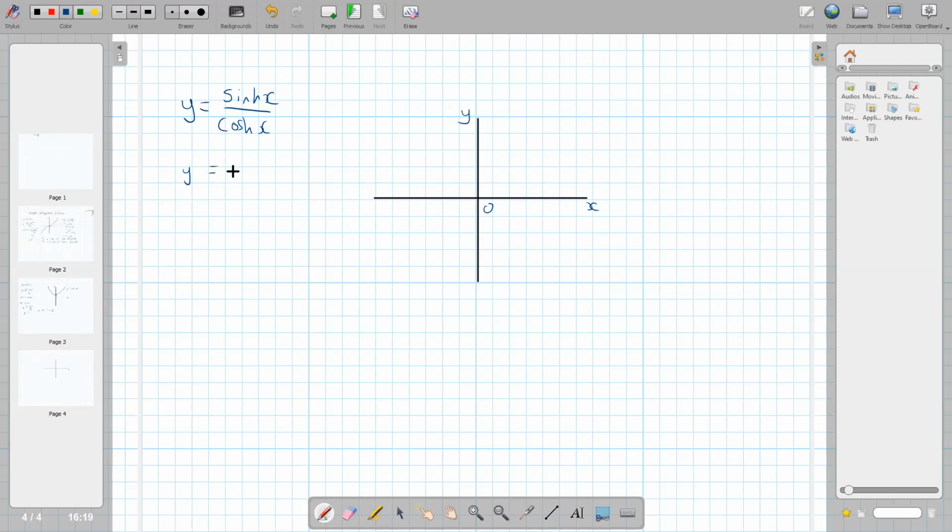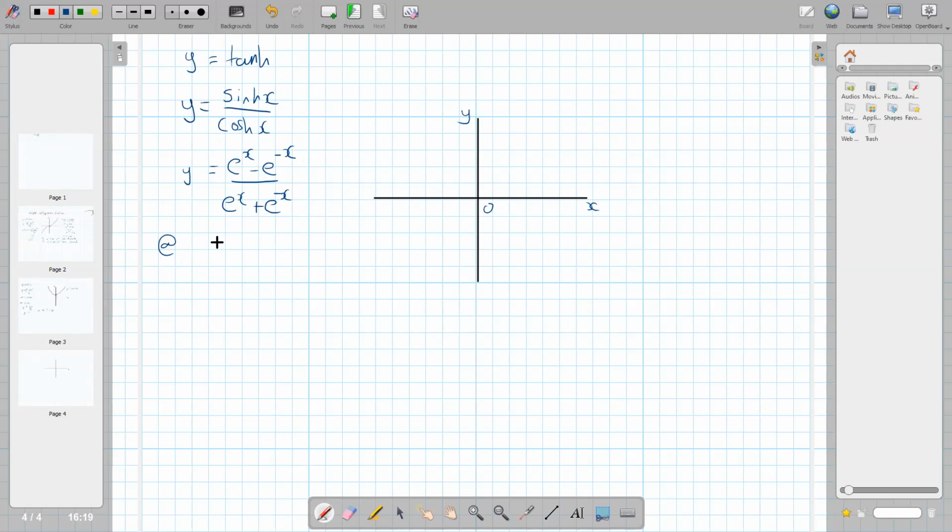So which is going to give us e to the x minus e to the minus x divided by e to the x plus e to the minus x. So this is y equals the hyperbolic tangent, which is the same thing as hyperbolic sine divided by hyperbolic cosine, e to the x minus e to the minus x divided by e to the x plus e to the minus x. So again, we probably should start with the origin.